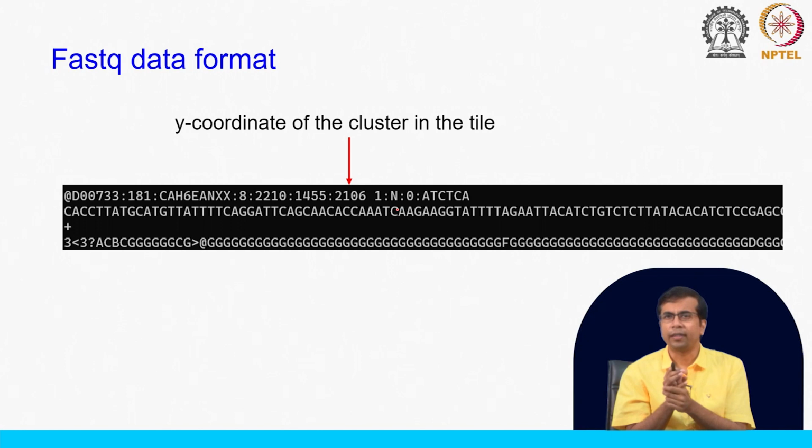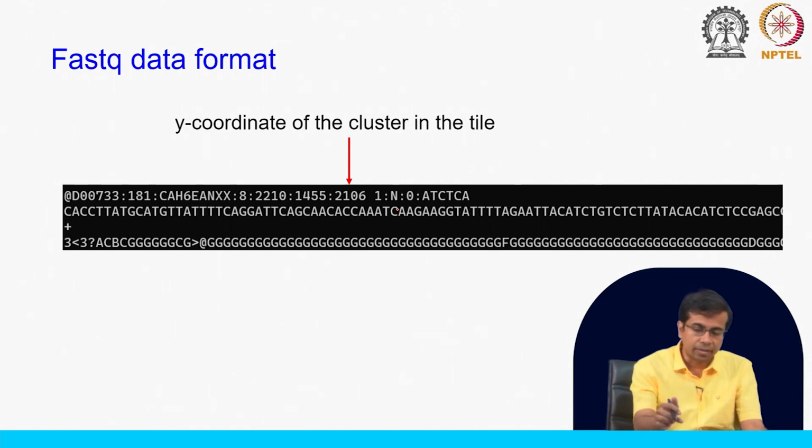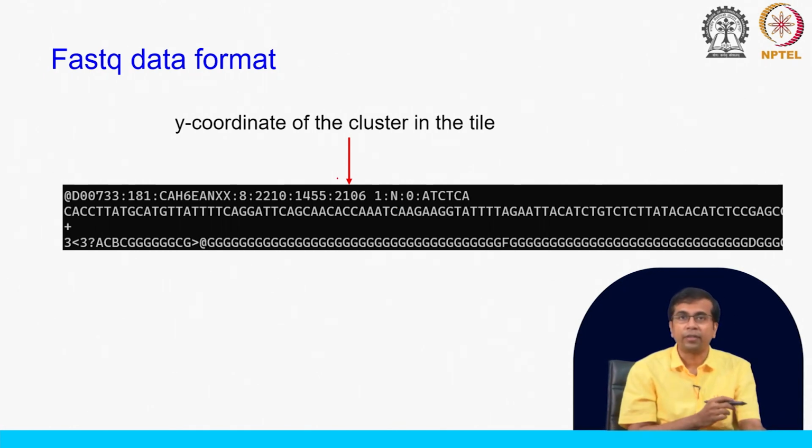Why is it important to store this information? In general, if the data is good, we do not have to worry about it, but if there is some sort of issue, then this information becomes useful. We will see this when we look into data quality control. So the last three numbers are the positions in the flow cell.